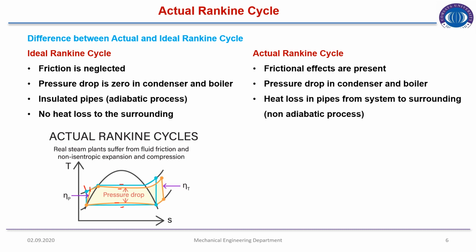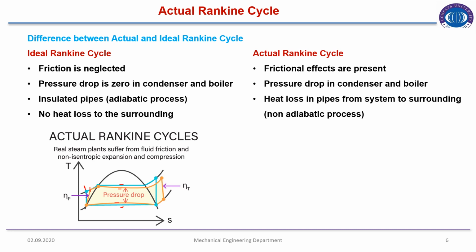So that is the reason for the yellow and blue lines, representing the actual and ideal Rankine cycle respectively. We will discuss these deviations one by one: what is the effect of the yellow line on the left hand side, top side, right side, and bottom side.